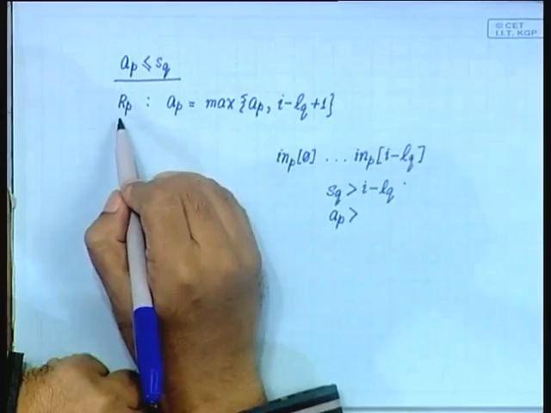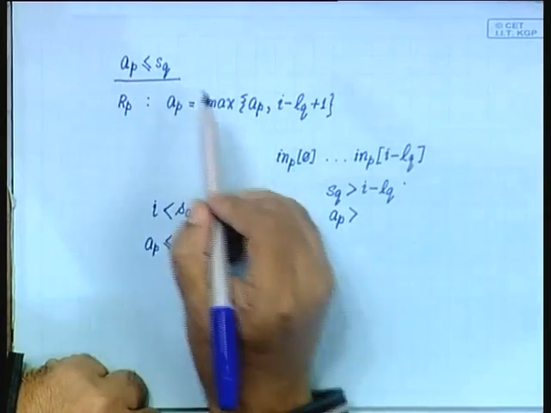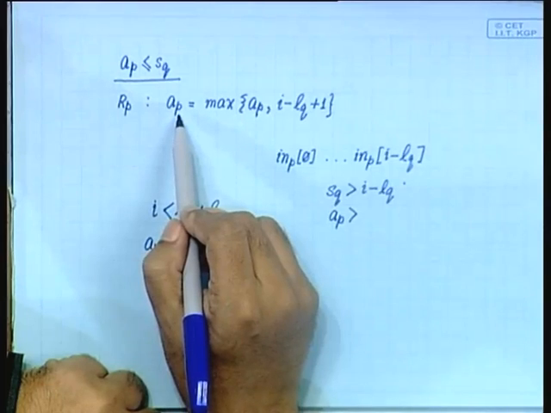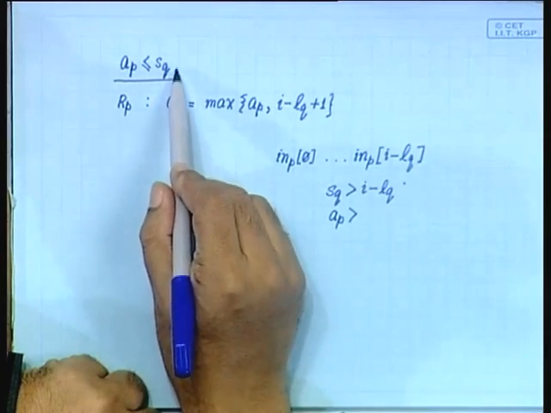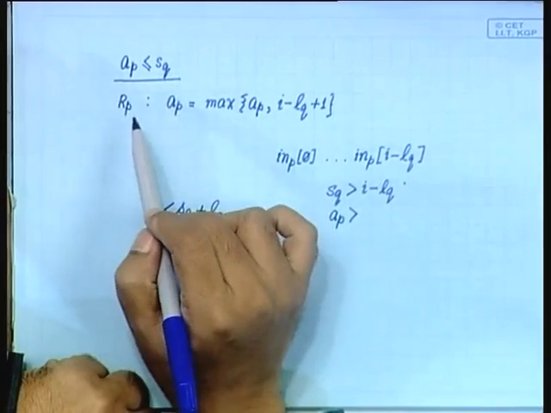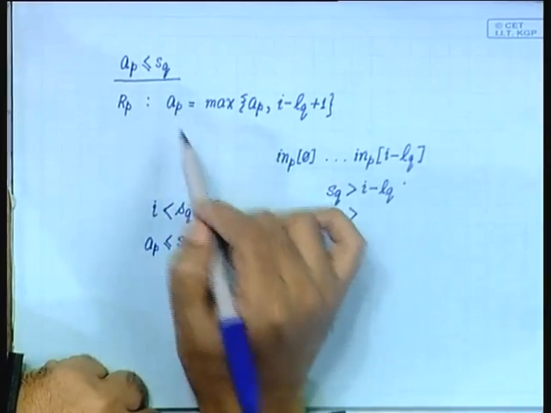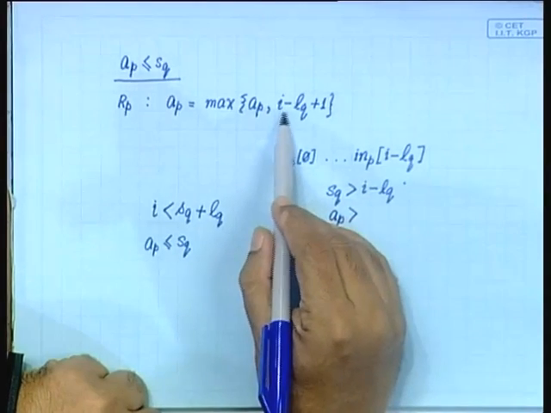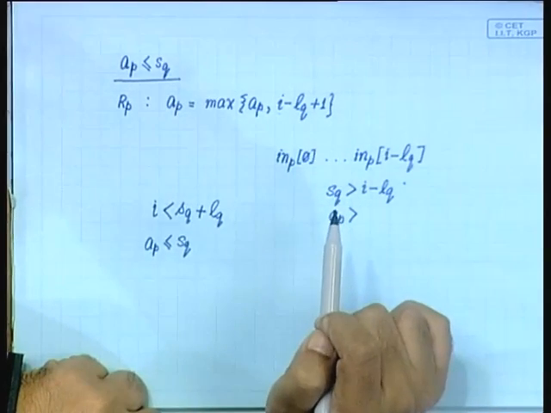Now see, if this one does not change AP, then it is going to continue to hold. If it changes AP, what does AP become? It becomes I minus LQ plus 1.